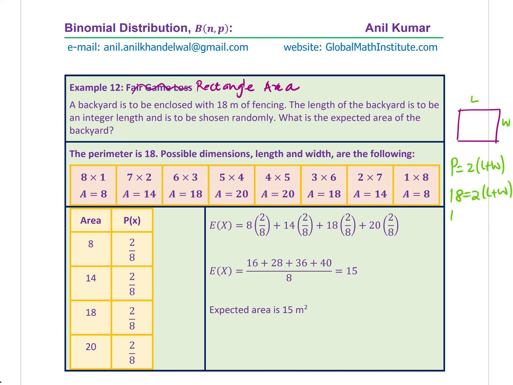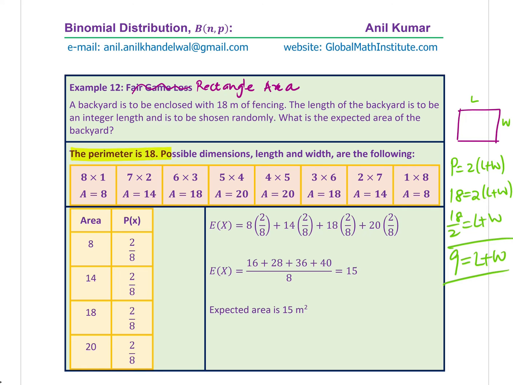Clearly, 18 divided by 2 is the combination of length and width. So 9 could be the sum of length and width, correct? So whatever may be the length or width, the sum of length and width is 9. That is kind of important to understand, correct? So this is one part which you have to figure out. Once you do that, it is straightforward.